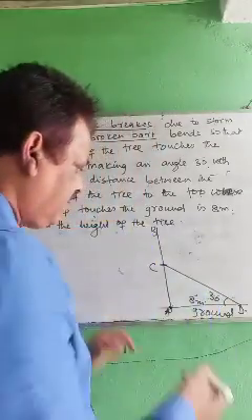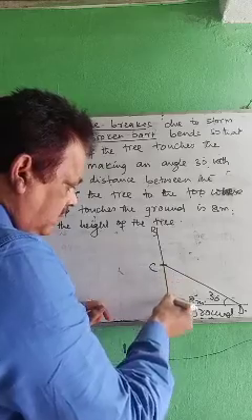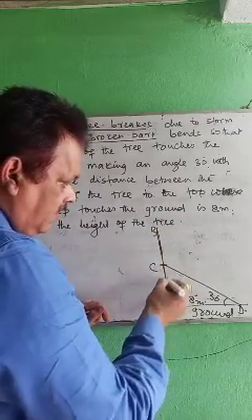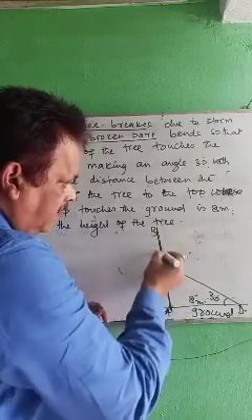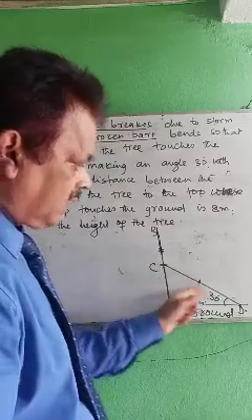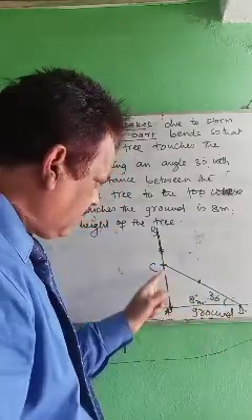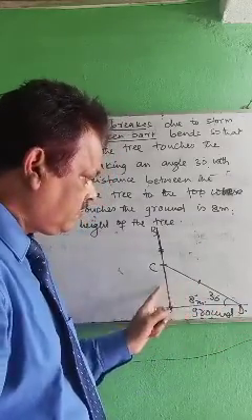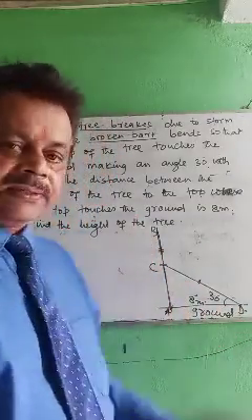So the height of the tree means this part and this part together. This part has gone here, meaning it has come to this hypotenuse. That means you can find this length and this length, and if we add these two, that will be the height of the tree.